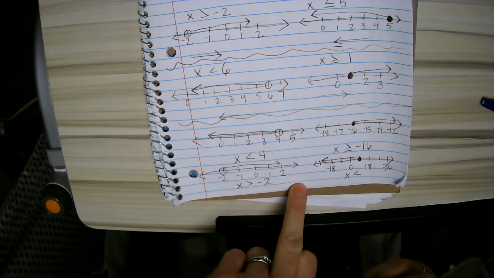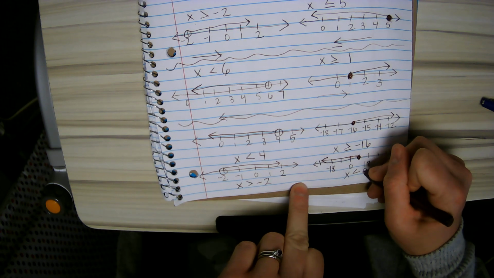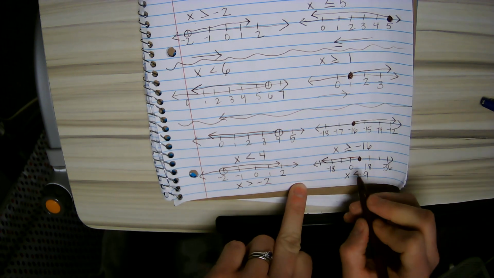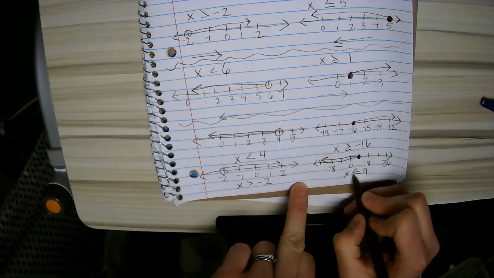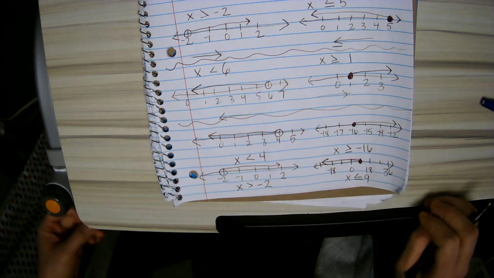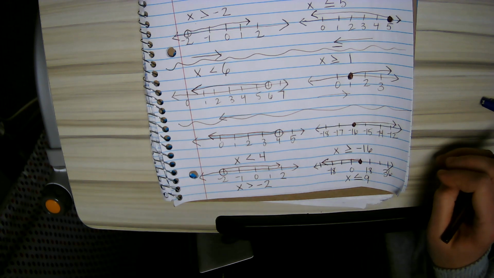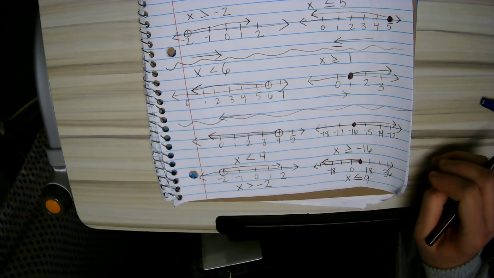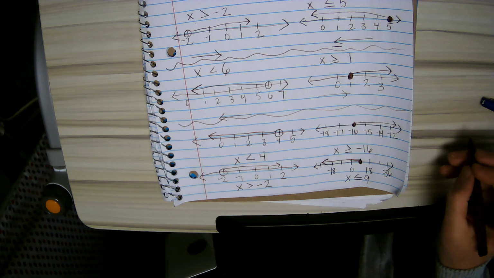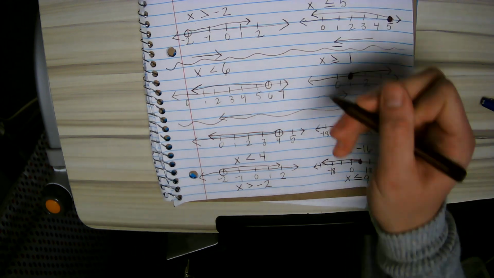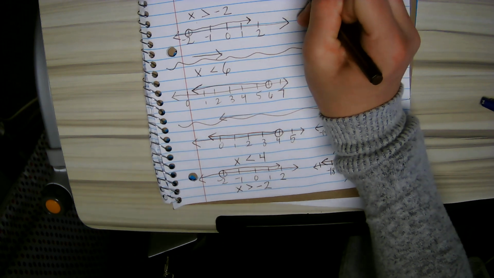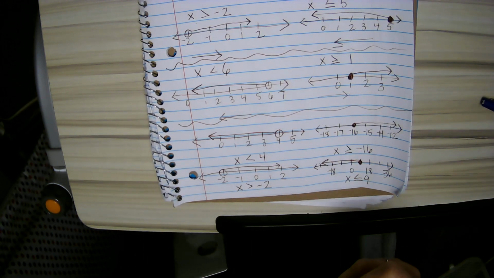What's between 0 and 18? 9. And we know that it could also be equal to because it's closed, so we're going to add that in as well. Okay? So in your slides today, you might have to do a less than or equal to, so you might have to put in both symbols, like it might look like this, less than, and equal to.